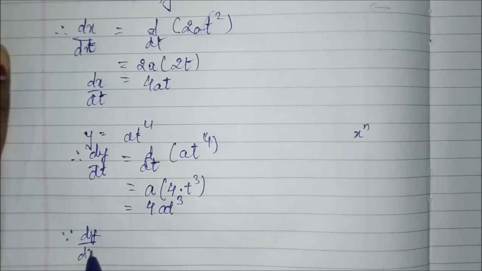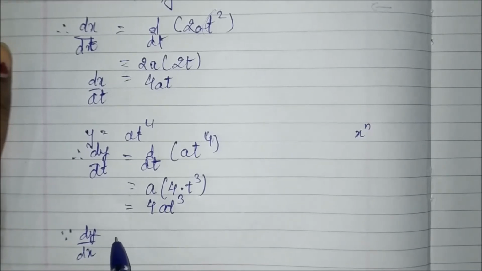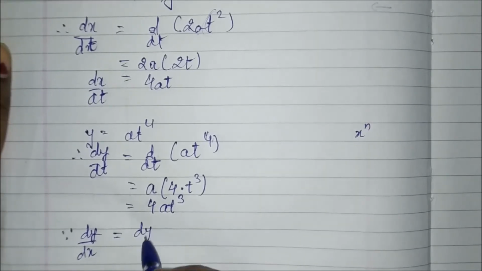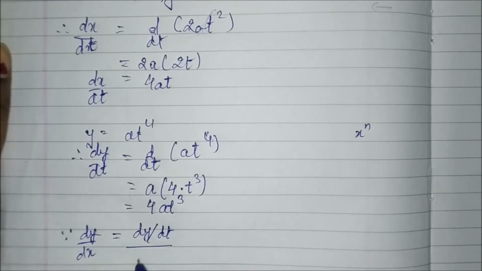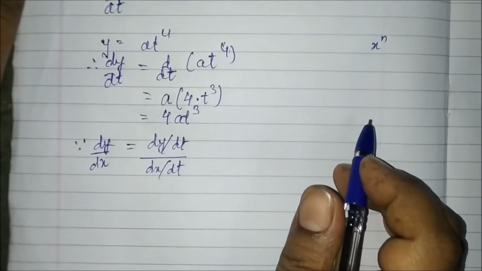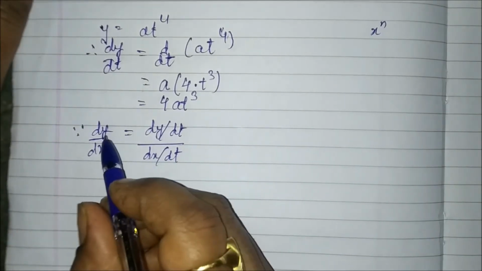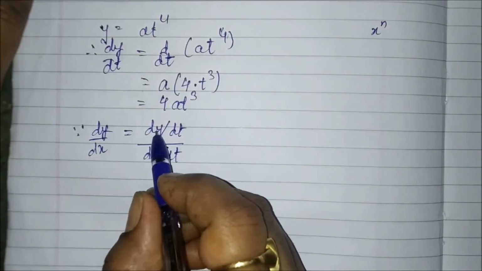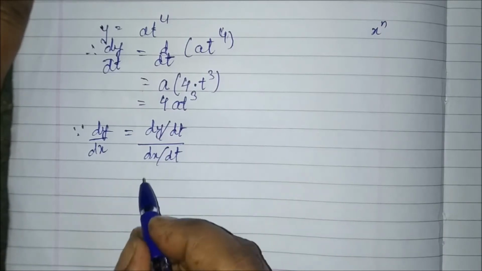Now, by the definition of a parametric function, we have dy by dx equal to dy by dt upon dx by dt. Okay, this is the definition. To find dy by dx, we need to divide dy by dt by dx by dt.